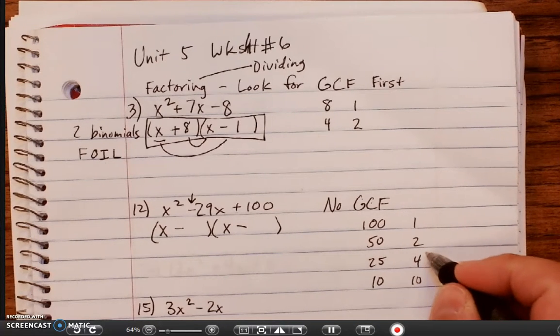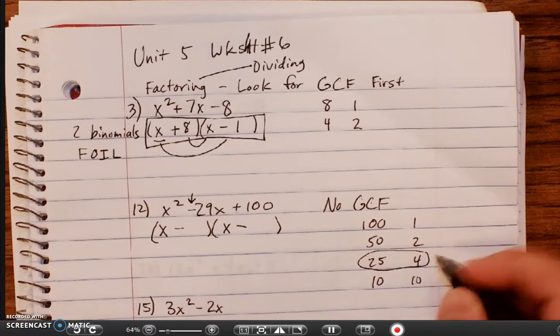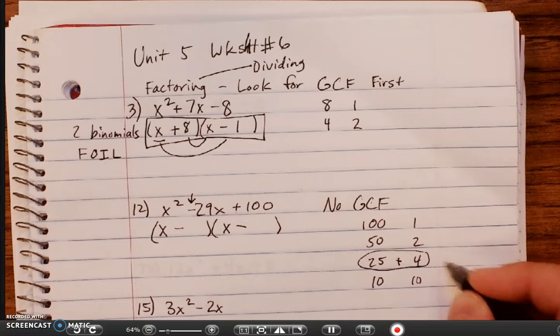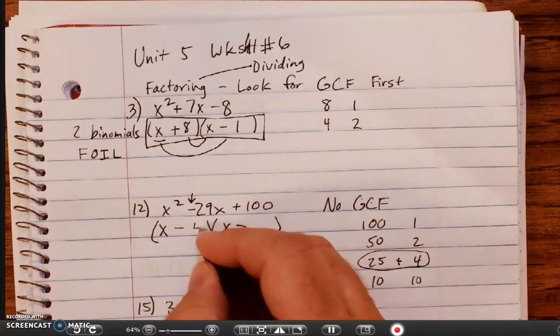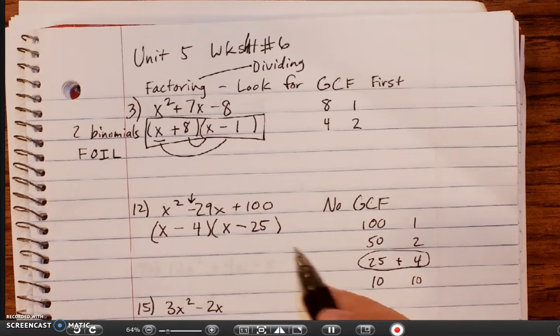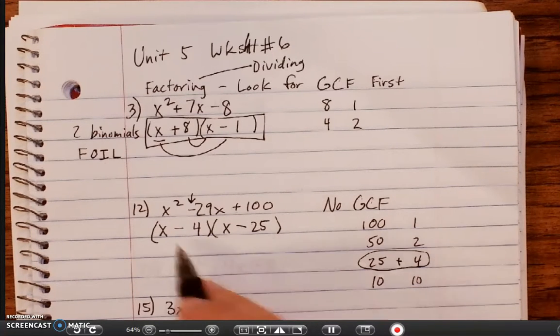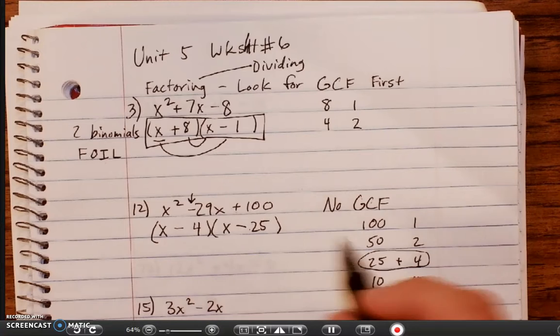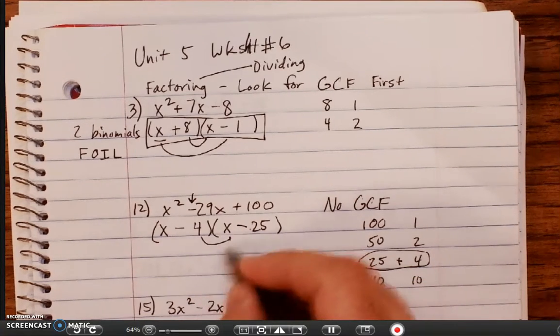And you can see this one right here has a sum of 29. Which means that's how we're going to get it. Now it doesn't matter whether that one's the 4 and that one's the 25 or switch, because they both have the same sign. And you can check to verify that.